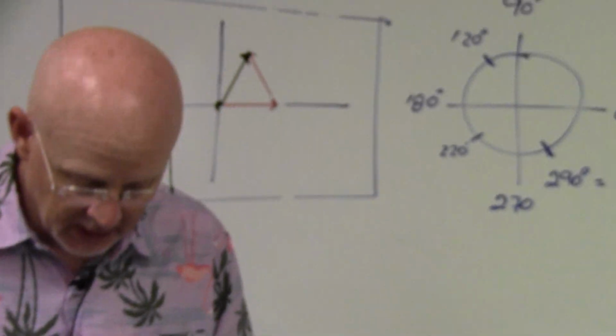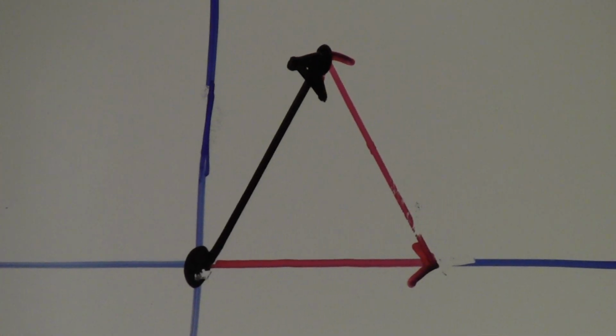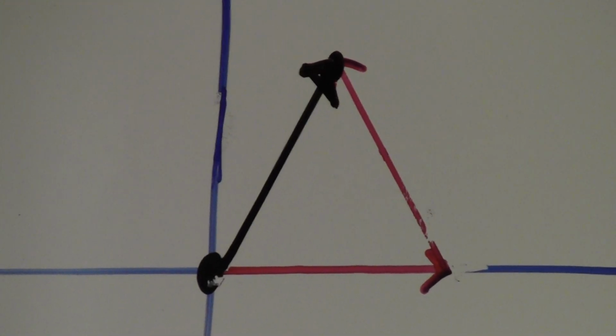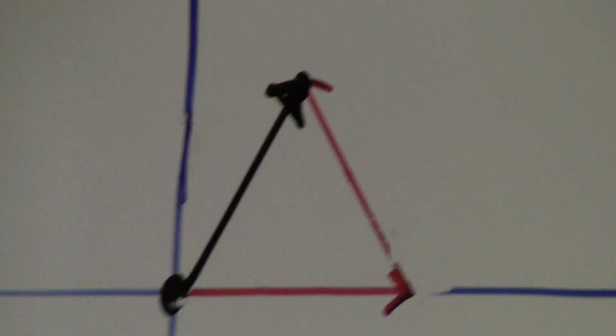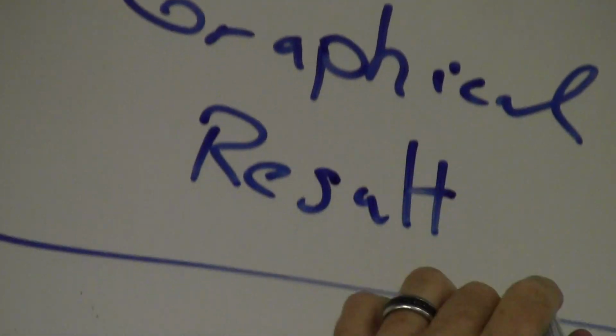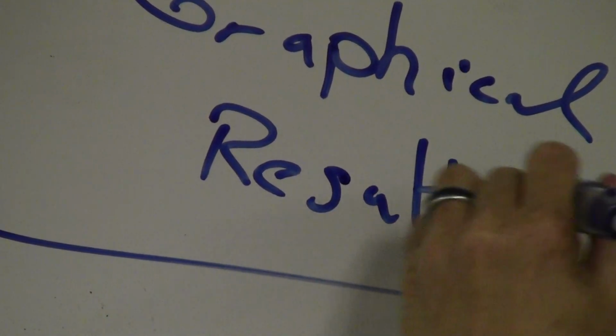Okay, so looking at my graph, maybe I will put over here and then over here, this is the graphical results, or what we call the resultant.